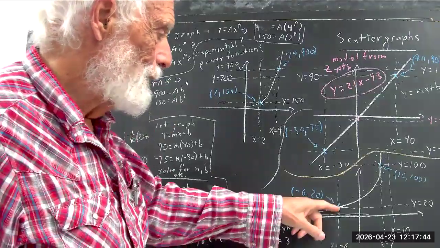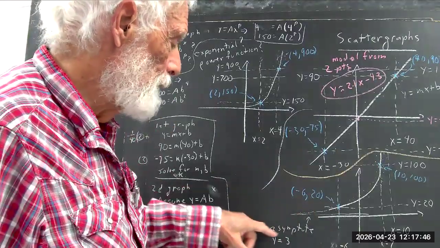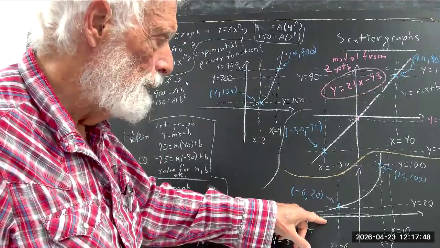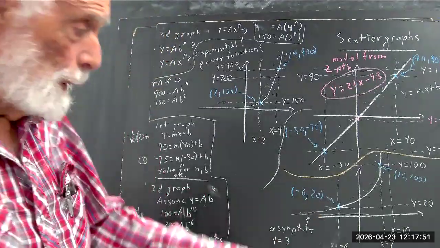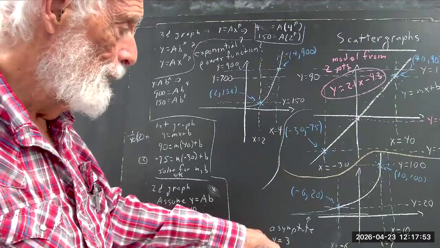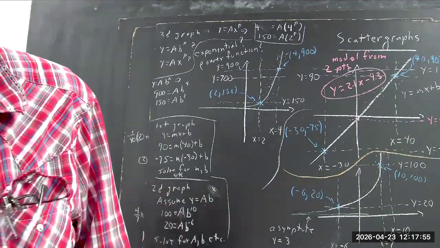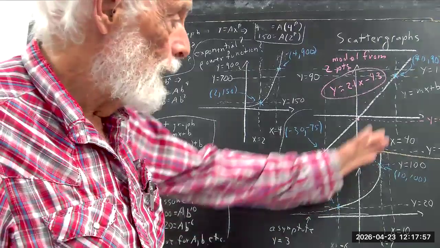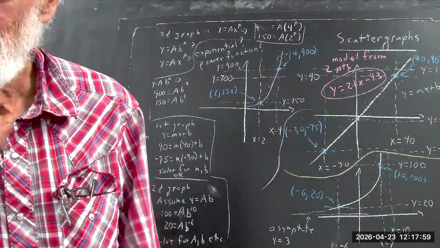Then I estimated, this thing might be exponential. It might be leveling off at an asymptote a little bit above the x-axis. So I said, maybe the asymptote's at y equals 3. I'm not going to use that right now. I'm just going to assume that this kind of looks like an exponential shape, doesn't it?